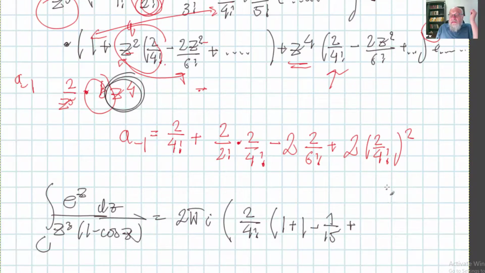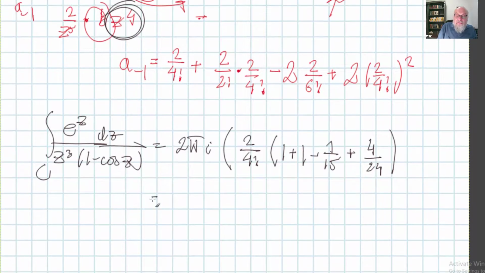And then you have here plus. And that one is 2. So this will be 4. And 6 times 4 is 24. 24 divided by 24. And yeah, 24. Okay, I'm able to simplify it.